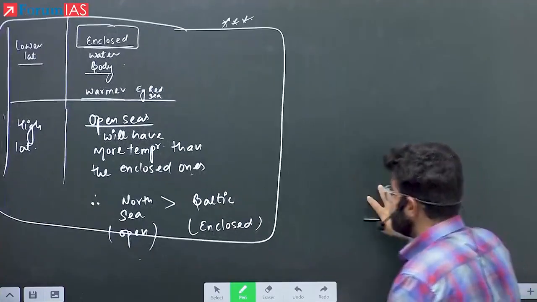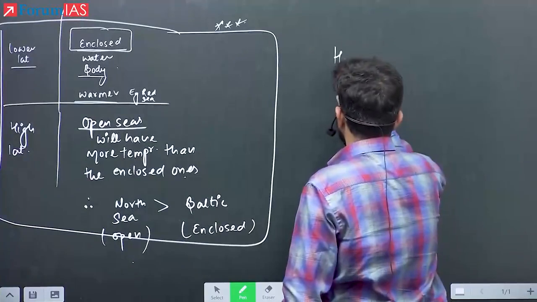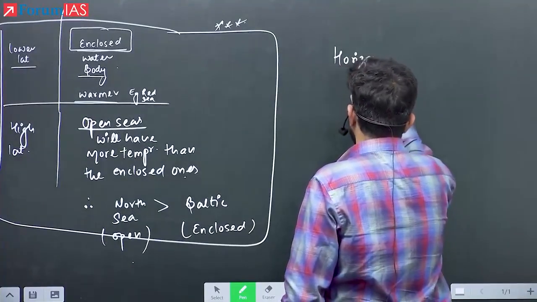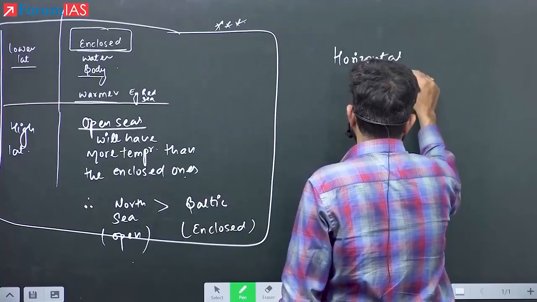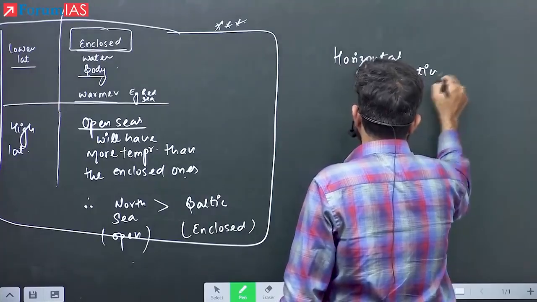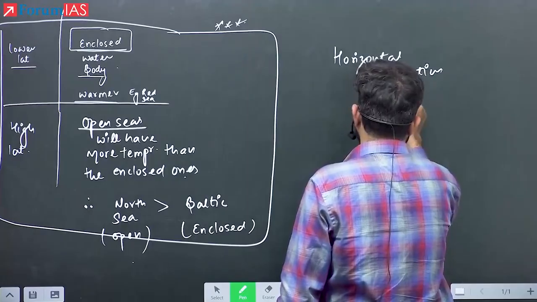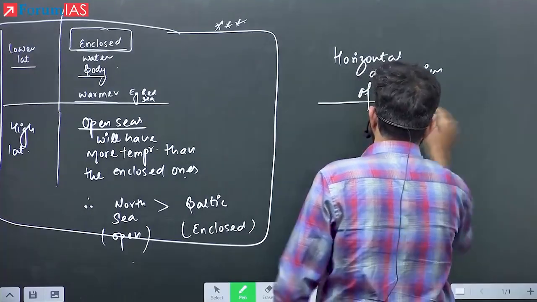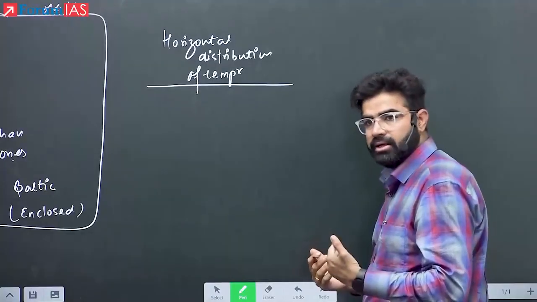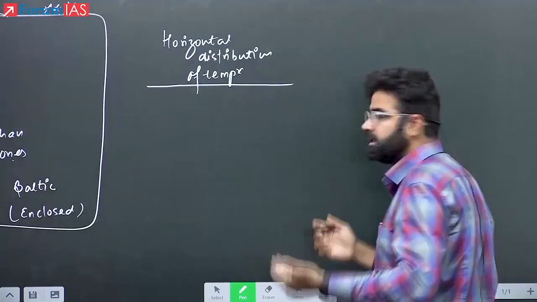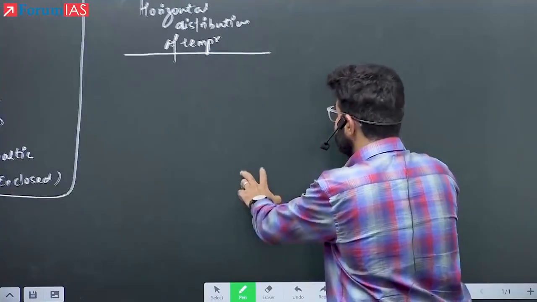Next is horizontal distribution of temperature. Horizontal distribution means if I go from the latitude equator towards the polar area, what should be the temperature? So in general, we have learned this one already.